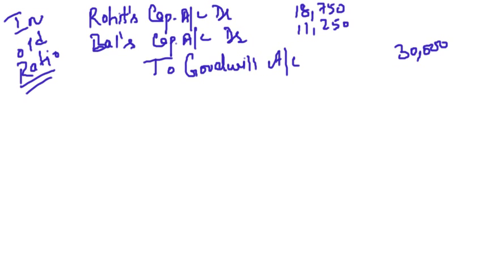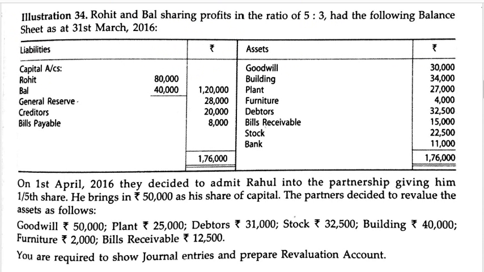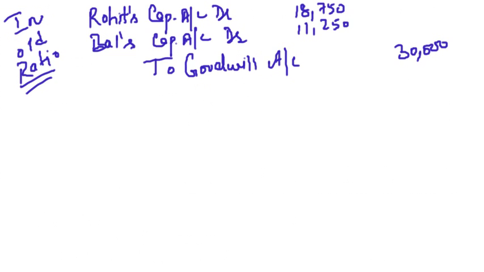Clear? Now, the new partner must also bring the premium for goodwill. He is bringing capital, but he is not bringing premium for goodwill. See, the question says he brings 50,000 as his share of capital. We have to pass this entry also.